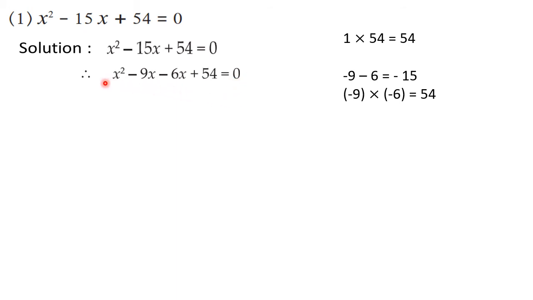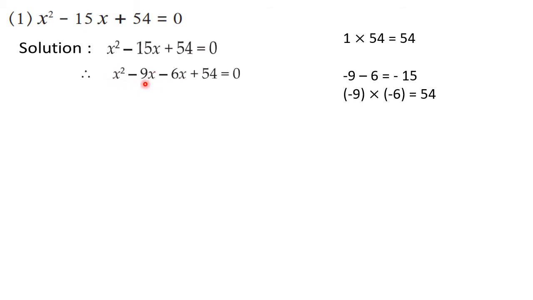The next step is to group. So underline these two terms and these two terms, and then we have to find out the common factor. What is common here in these first two terms? So here you can see that the number 1 is present. In numbers there is nothing common, but you will find that x is common.